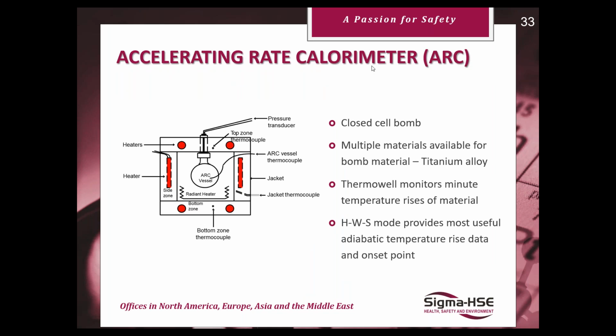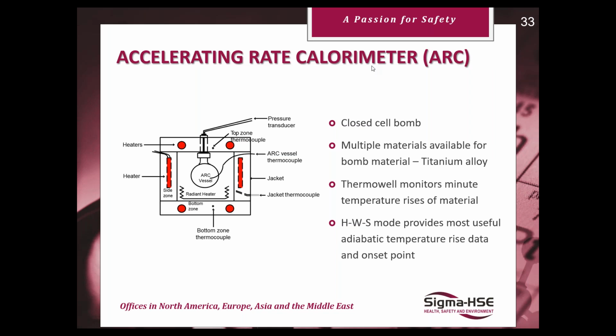So the principle of the ARC, and the reason it is an adiabatic test, is that we have a metallic bomb suspended within an oven, and there is a thermocouple which measures the sample material temperature directly.